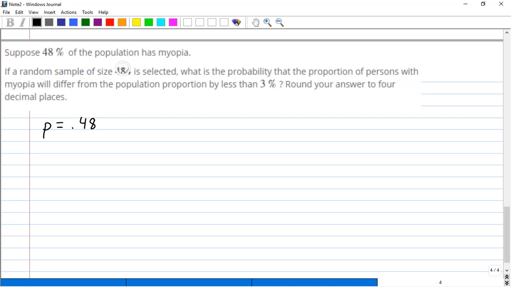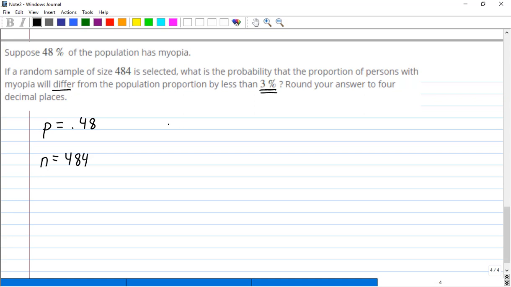So if we take a sample of 484, so we go pick out 484 people randomly. What is the probability that the proportion of persons with myopia will differ from the population proportion by less than 3%? So if you're going to differ by less than 3%, that's going to include 3% more and 3% less.